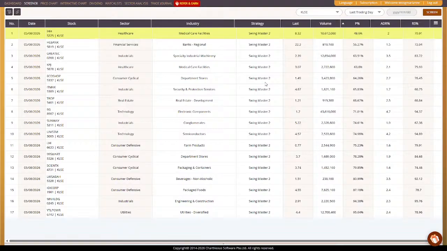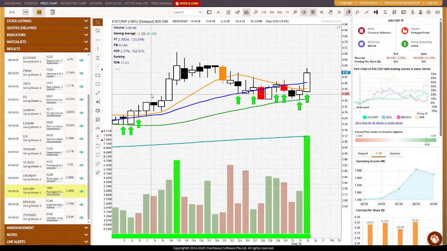In trading, there are key questions: what to buy, and when to sell. The screener is the answer to what to buy. Instead of looking through the charts of a thousand over stocks one by one, all you need to do is look at 17 stocks for tonight, for example. Doesn't that make your life easy?